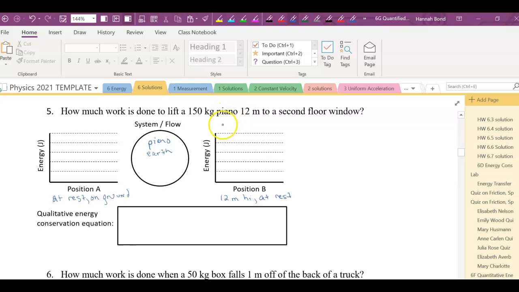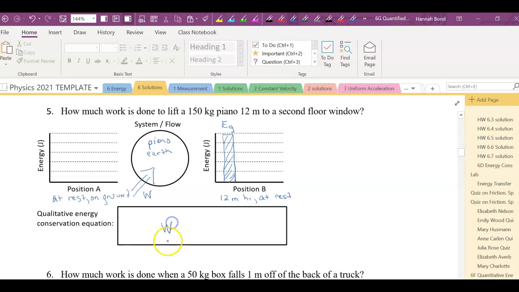Okay, so we have no energy in the piano at the beginning at position A, and at position B, the piano has gravitational potential energy. And all of that energy that we see as gravitational potential energy at position B is there because work was done on the piano and transferred energy into it.